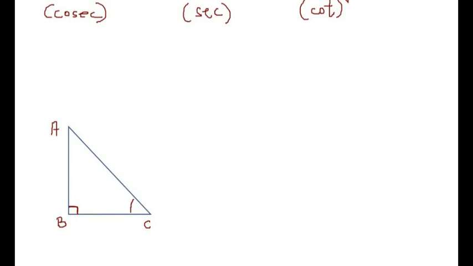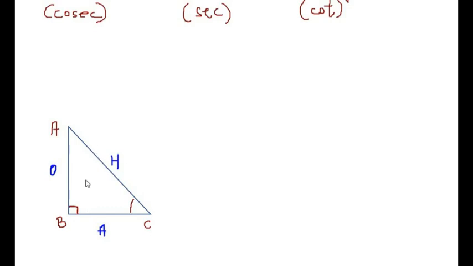After we mark the angle of concern, we mark the hypotenuse, the opposite and the adjacent. Starting with the hypotenuse, you might have already guessed it has to be AC because it is opposite to the 90 degrees. Then opposite is AB because it is opposite to the angle C, and the remaining side is the adjacent BC.